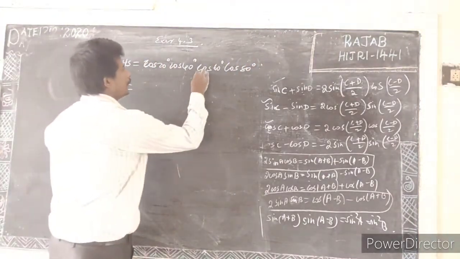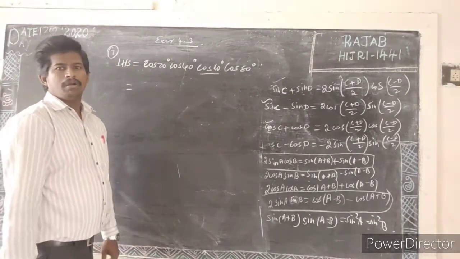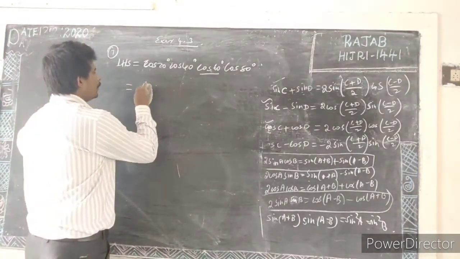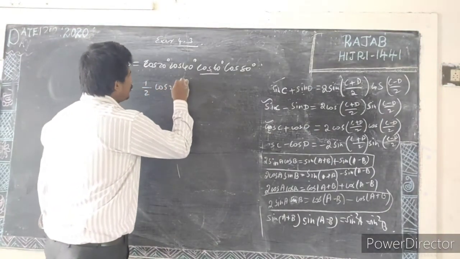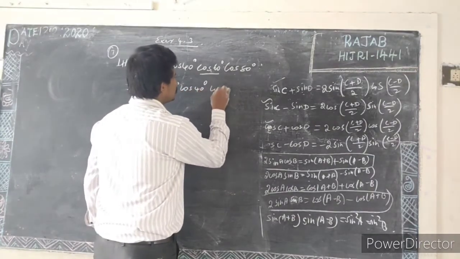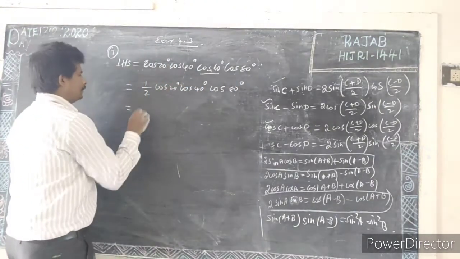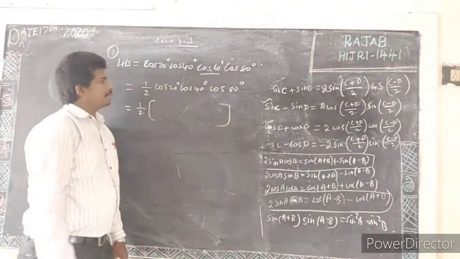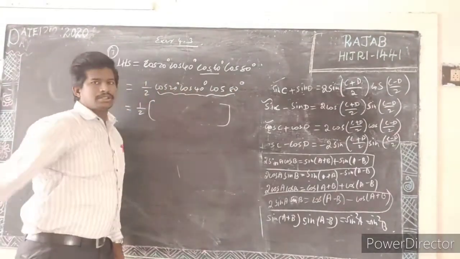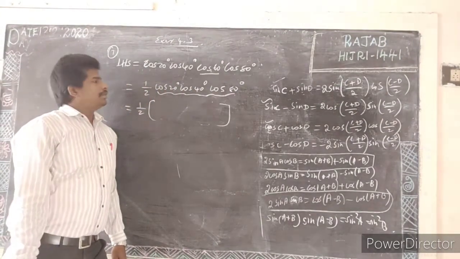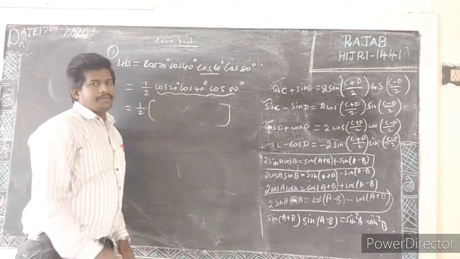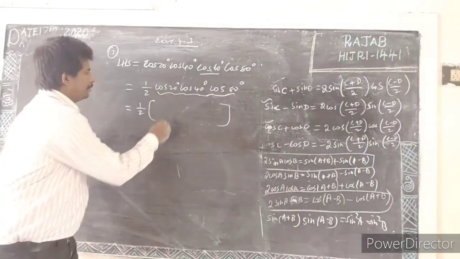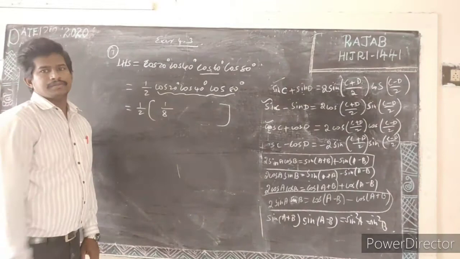Okay, this is equal to, as we know, cos 60 degree is 1 by 2. So we can substitute cos 60 degree as 1 by 2. So what will happen? 1 by 2 cos 20, cos 40, cos 80. 1 by 2 into, you can find value of this as we did in the problem 3, 1 by 8.